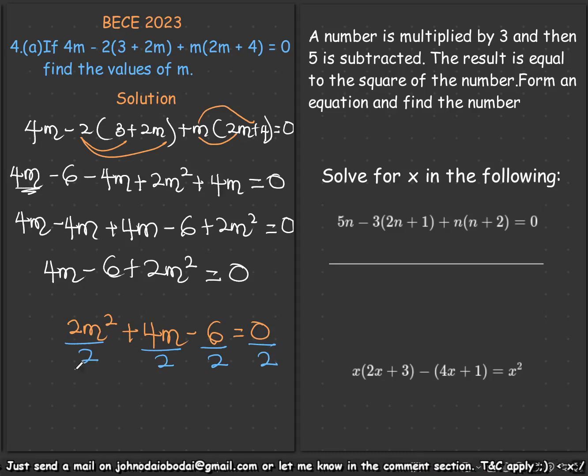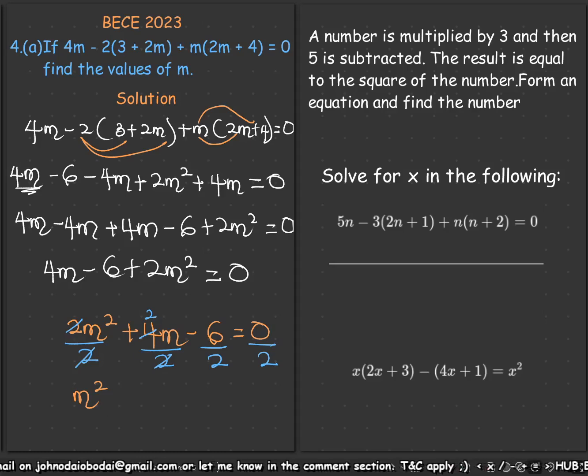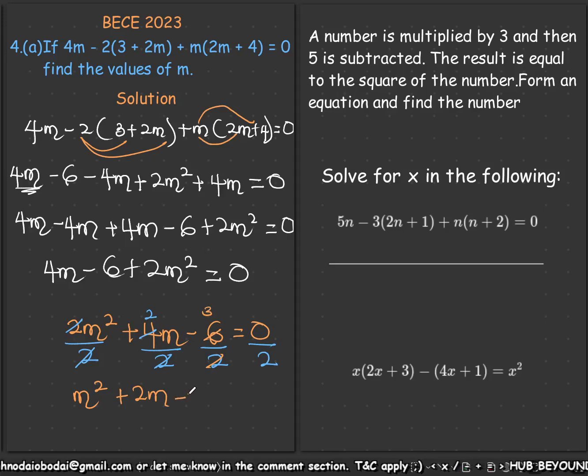So this 2 cancels out this 2, and you're left with m squared. Then this 2 takes out this 4 to give me 2, so that gives us a positive 2m. And this 2 also divides this to give me 3. So minus 3 is equal to 0.